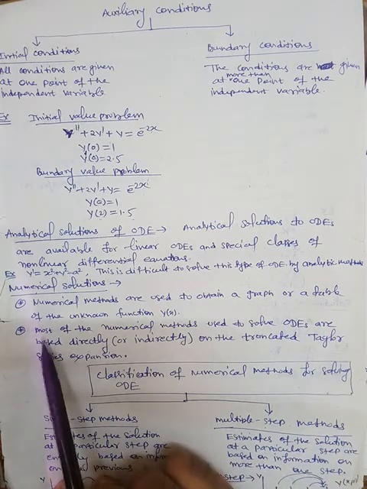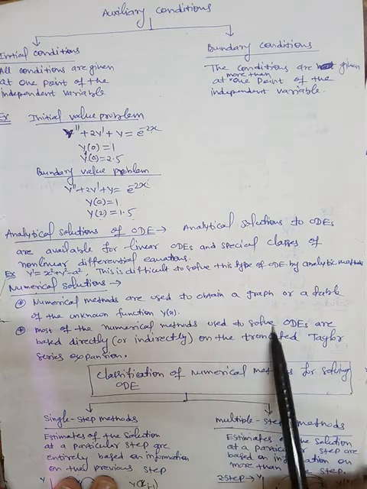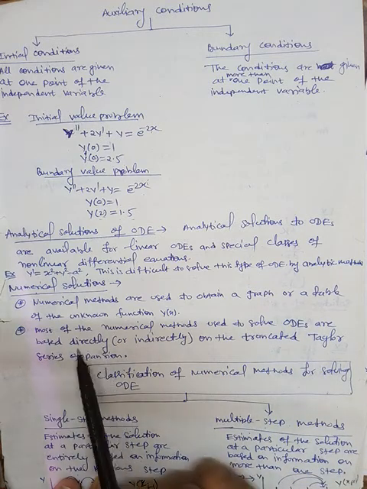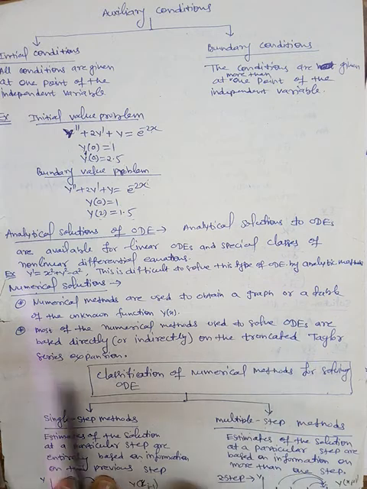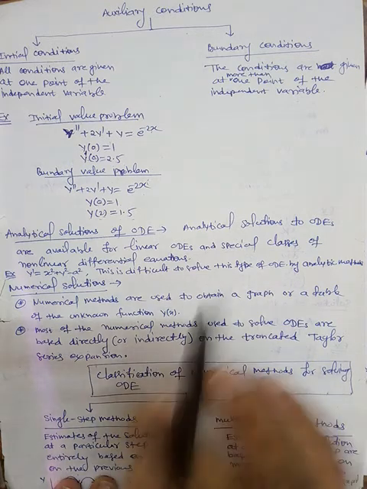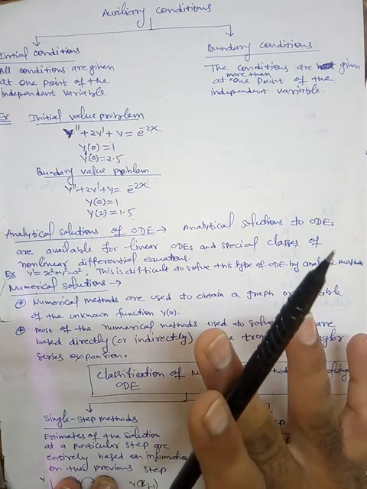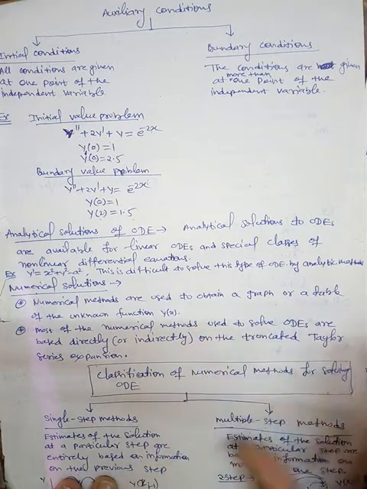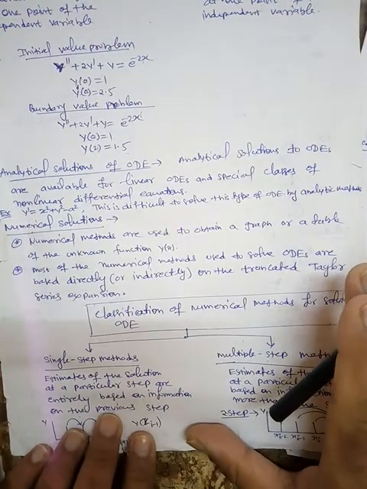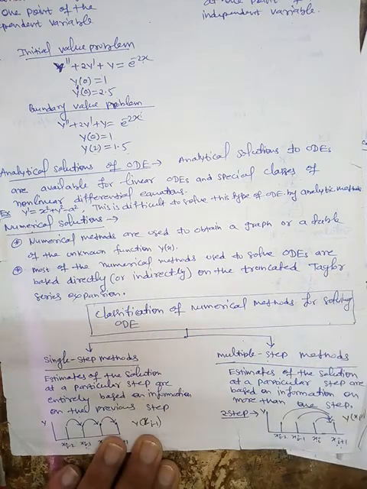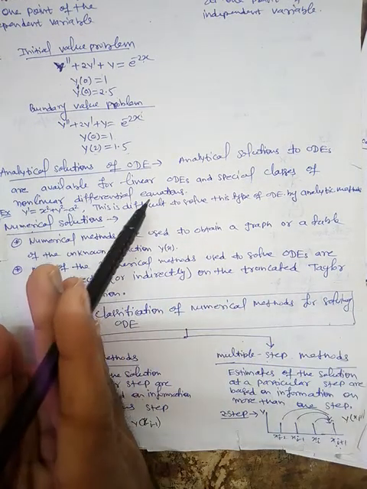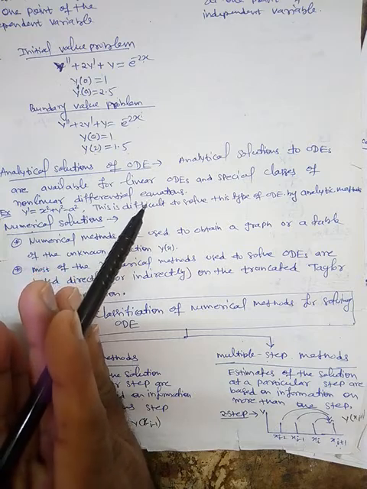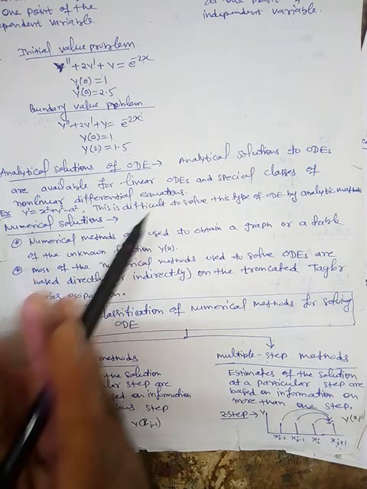The second point, very important, is that most of the numerical methods used to solve ODE are based directly or indirectly on the truncated Taylor series. That means we are expanding our equation with the help of a Taylor series, and this Taylor series is truncated at some level. If we consider only up to linear order, then we have one method.